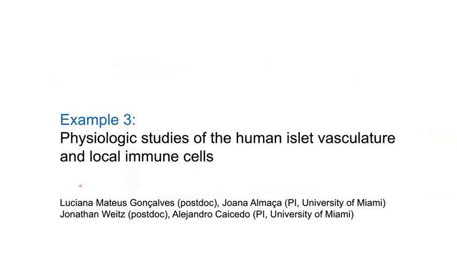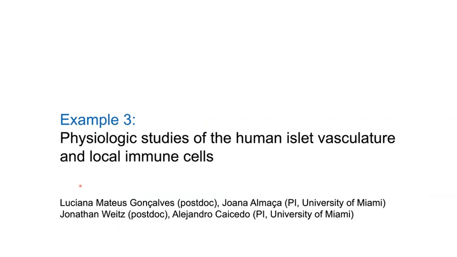A third example, and I think that Stephan already mentioned that, is that we can look at cells other than endocrine cells if we use slices. We are particularly interested in the eyelid vasculature as well as the local immune cells. The person who is mostly involved with the human eyelid vasculature is Rona Massa in her lab with Luciana Mateus Gonçalves.